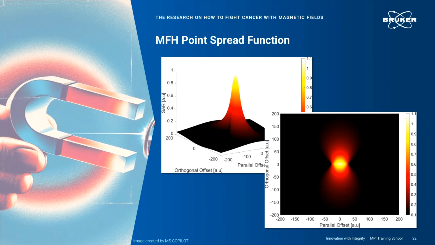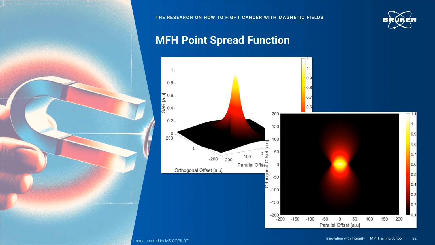All right, so the question will be most probably, how precise is this targeting? And by making some calculations, this would be the point spread function of a hyperthermia in X and Y direction, and in Z direction, or in this direction, we have plotted the specific absorption rate.